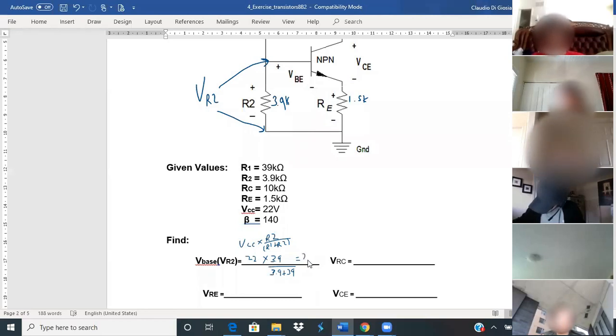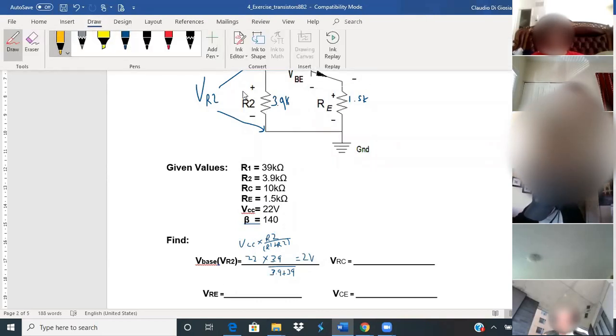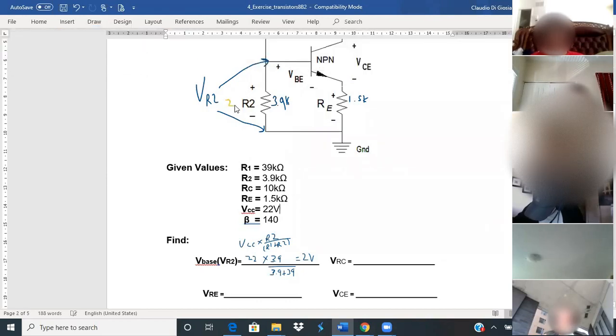Okay, so it's going to be very similar to the one that we did before, if not almost identical. So 2 volts, that means that between this point and this point across R2, we've got 2 volts. So if we take the 2 volts that's here, what's in parallel with that is this diode here and RE. So to get the voltage across RE, all we have to do is subtract this VBE, which is 0.7 volts.